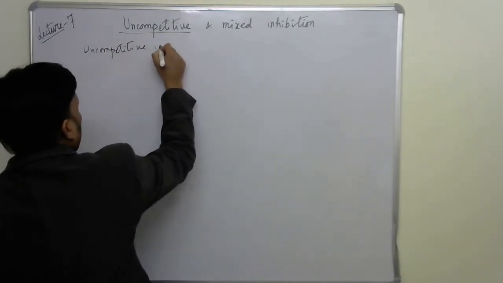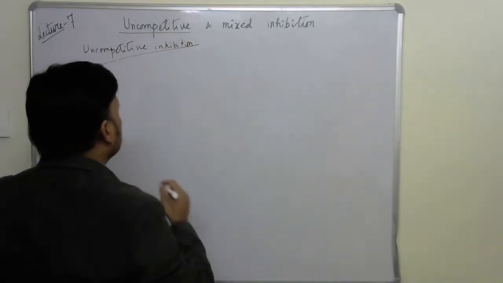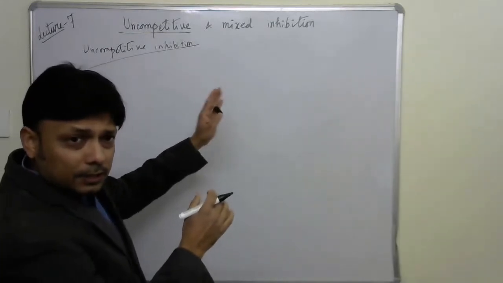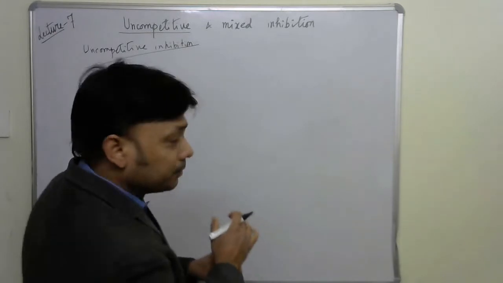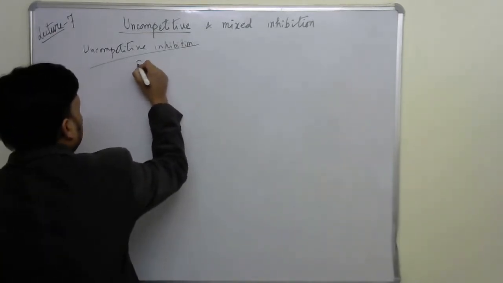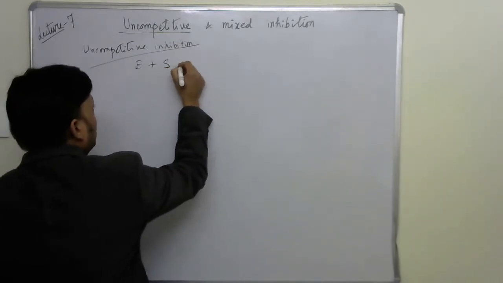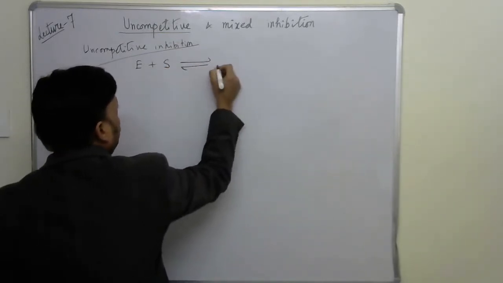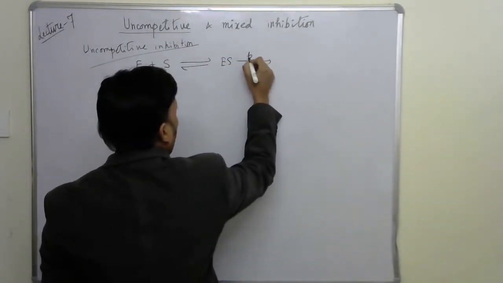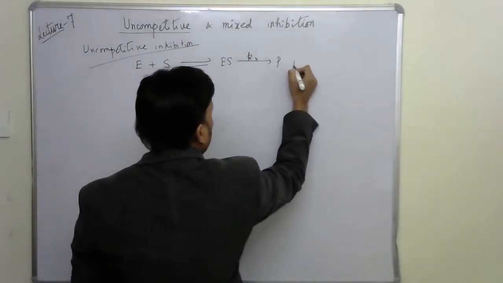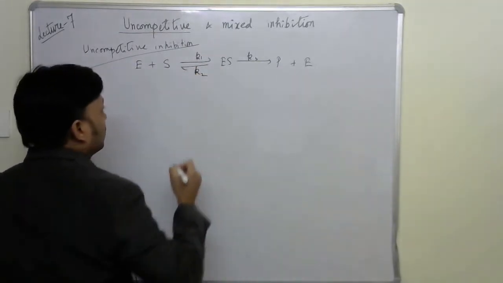So in this inhibition, first let's write the enzyme kinetics stepwise, and then we will draw some cartoon diagrams. The enzyme under normal circumstances binds with the substrate to form the enzyme substrate complex, and that breaks down to the product plus enzyme, which we are already familiar with.